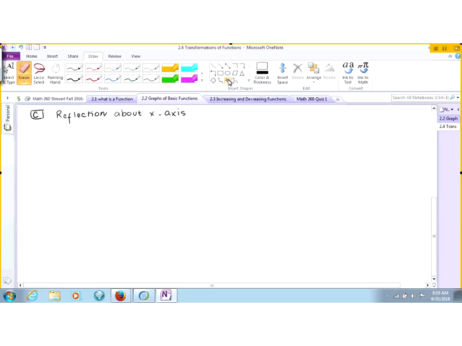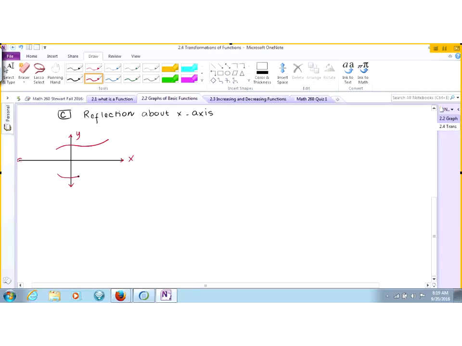Okay. So if I have a graph that looks like this, and I want to reflect it about the x-axis, how does it look? Somewhere here, right? Oops, not quite. Okay, well, you can use your imagination.